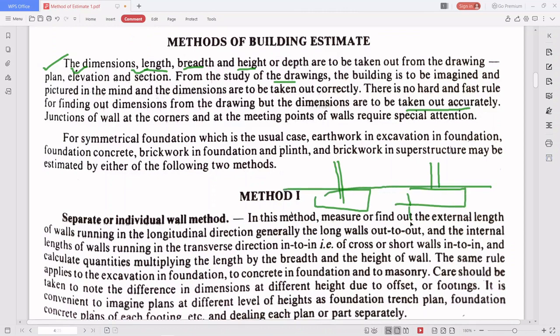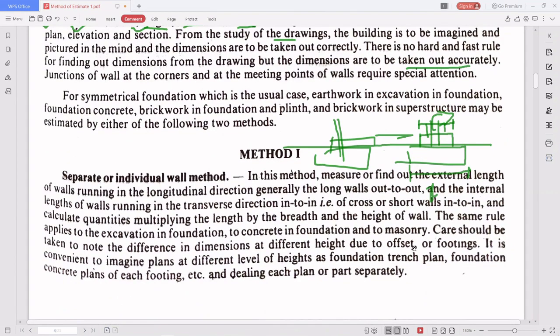At the same levels, the breadth will be x distance. Next, if you take this as first footing, this level is different, so here the breadth is different. If you take the second footing, here the breadth is different. So what are they telling? Care should be taken to note the difference in dimensions at the different heights due to offset or footing.